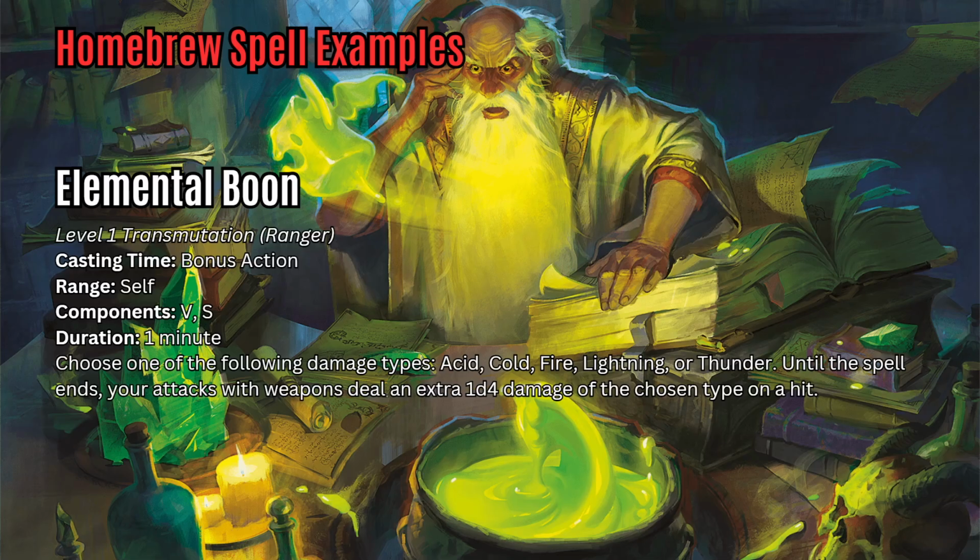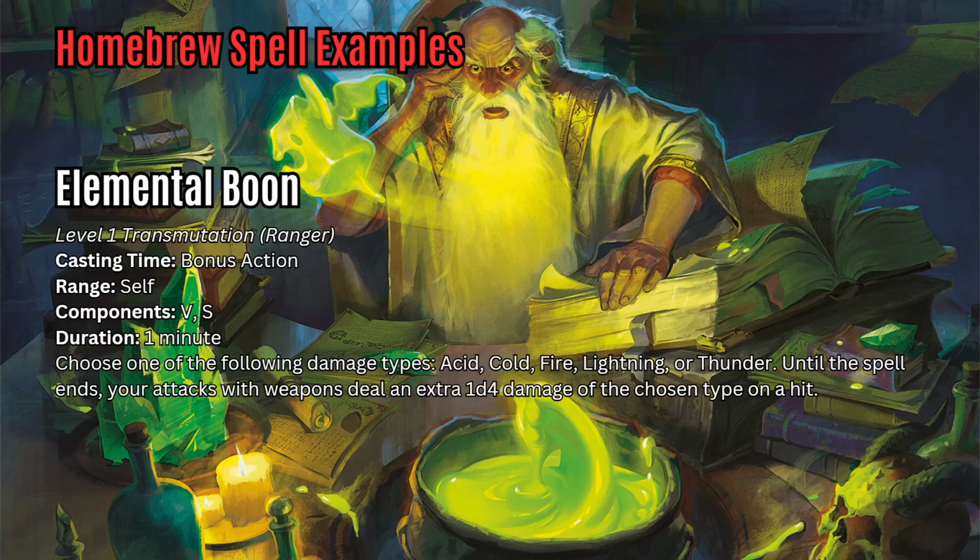So here's an actual example of a homebrew spell that I created for my games. This is Elemental Boon. It's a level 1 transmutation spell available to rangers. It has a casting time of a bonus action, a range of self, verbal and somatic components, and a duration of 1 minute.